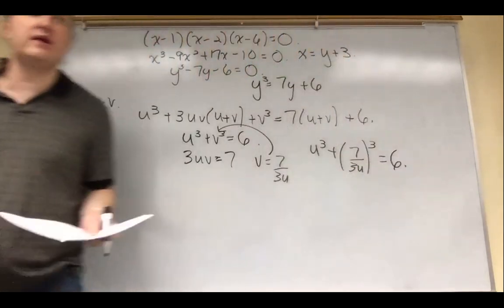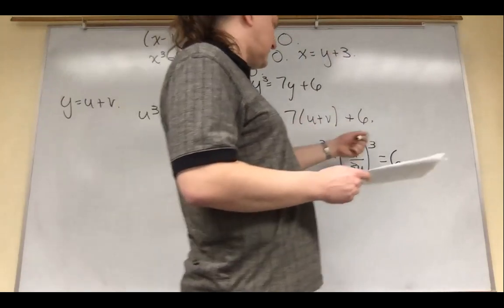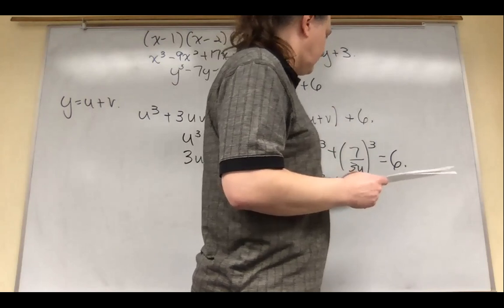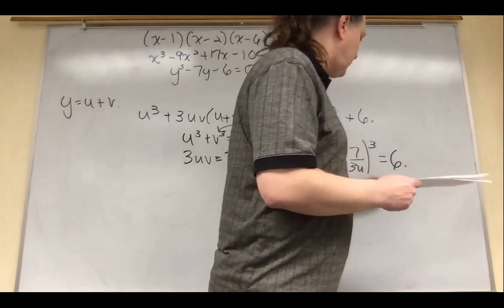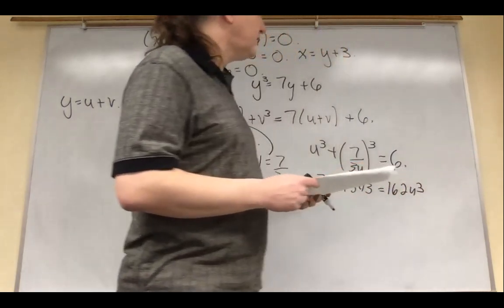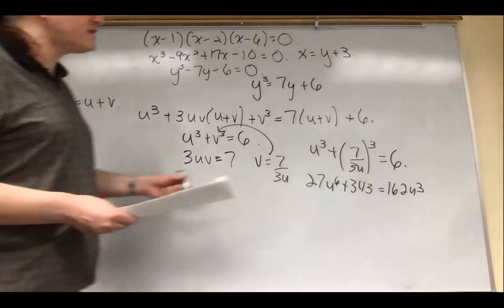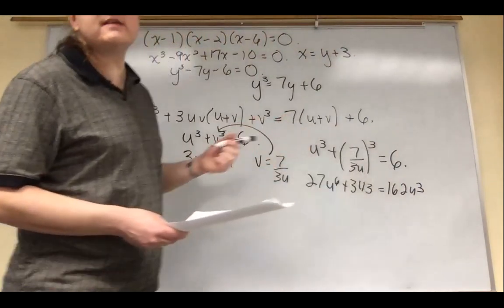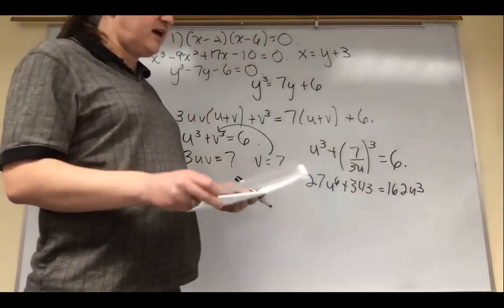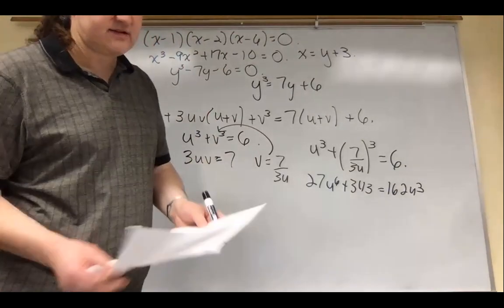By the way, it's worth pointing out, this then becomes the 6th degree equation, 27u to the 6 plus 343, which is 7 cubed, equals 162 u cubed. It's worth pointing out this will always be a 6th degree equation at this stage, but it will also always be a quadratic in u cubed. So that part's nice.